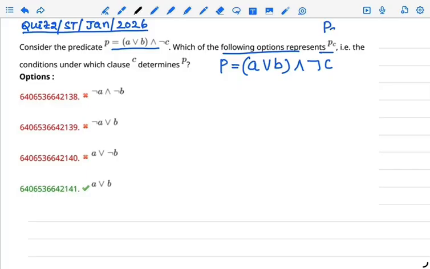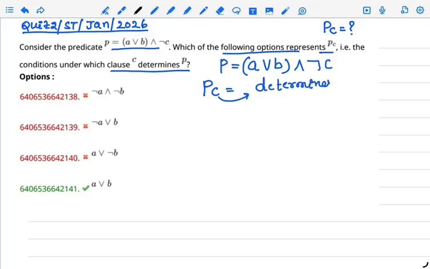So they are asking to find the PC, that is, the condition under which the clause C determines the predicate P. A, B, C are the clauses.